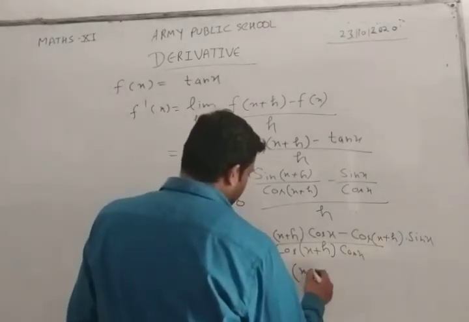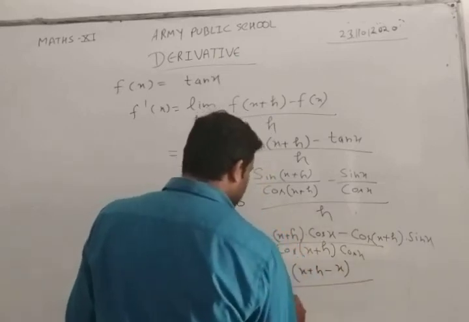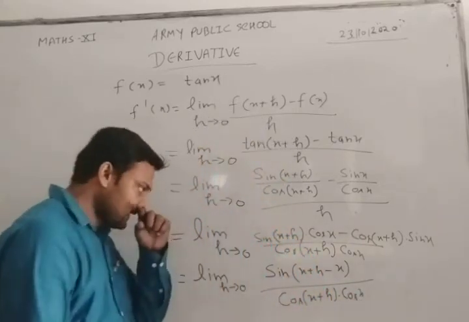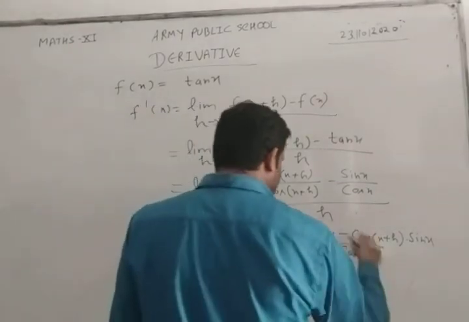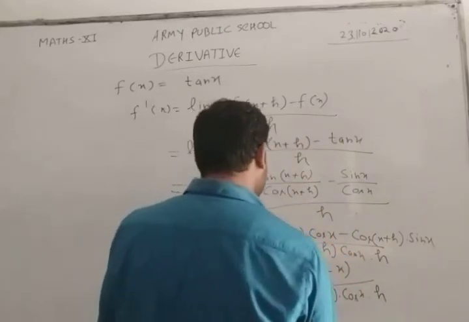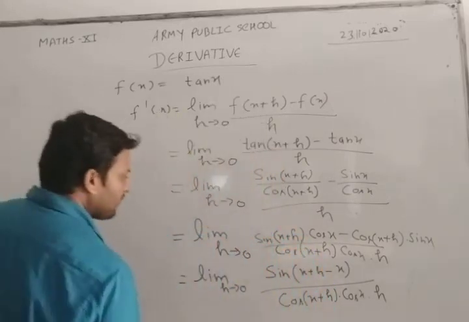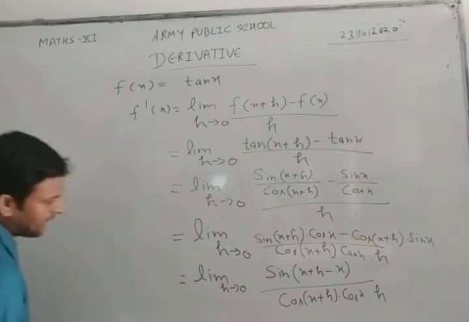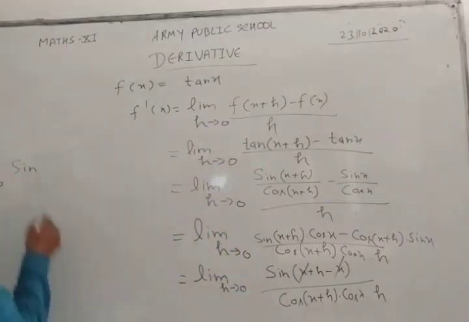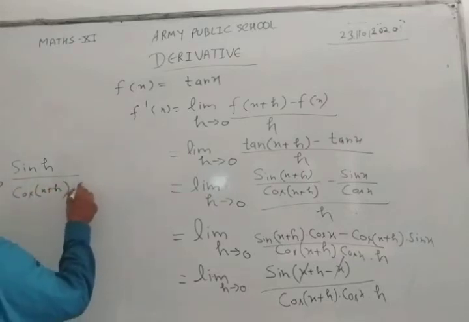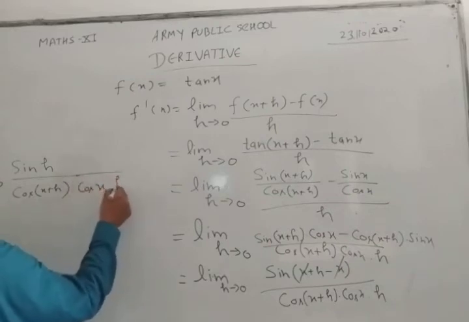So we write sin(A minus B) divided by cos(x + h) cos x, and this h will be also there. Now in the next step, we write limit h tends to 0, sin of this, x and x will reduce, we get sin h divided by cos(x + h) cos x into h.